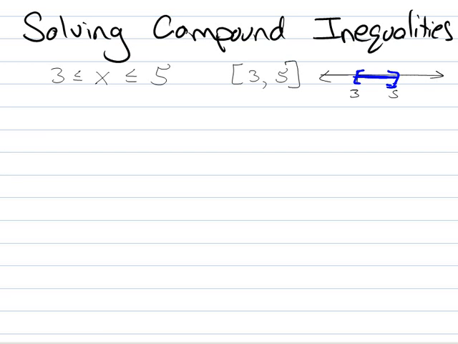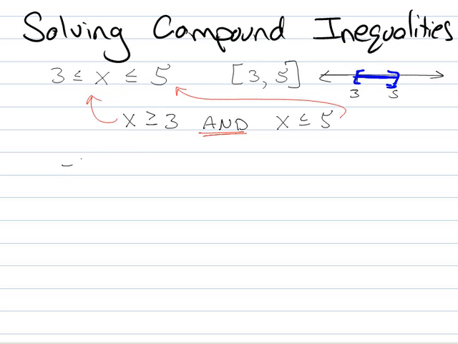And in case you're curious, what we're saying here is that x is greater than or equal to 3 and x is less than or equal to 5. This means the same thing.